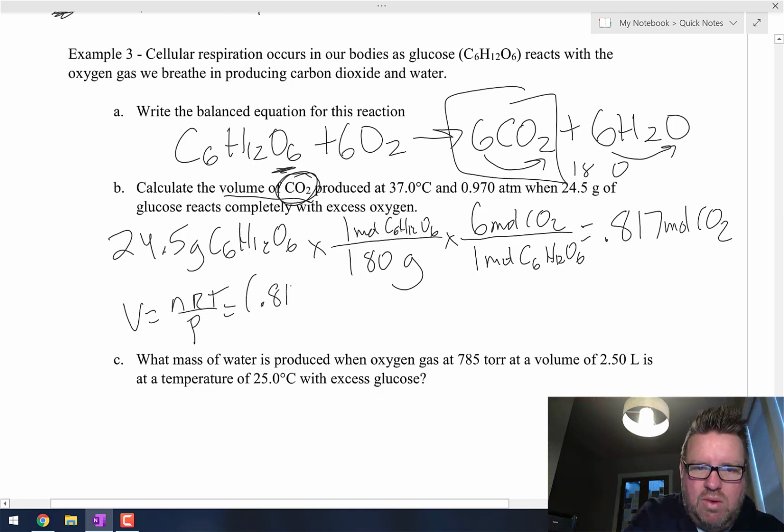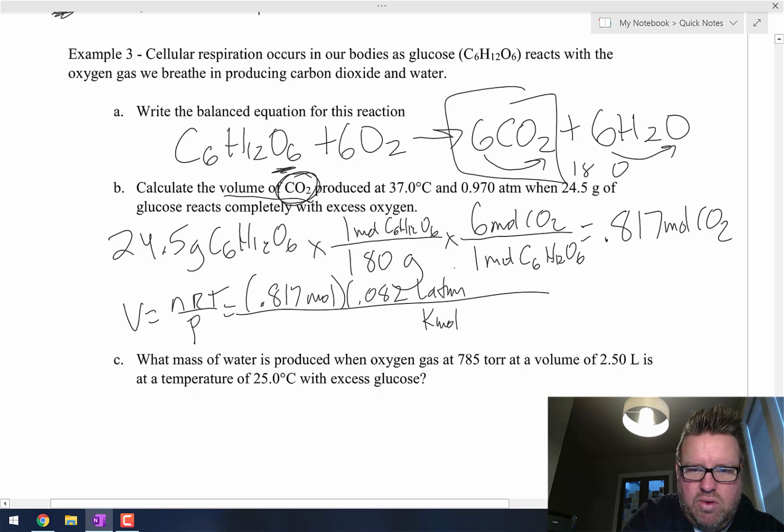So 0.817 moles, 0.082 liters atmospheres over Kelvin mole. The temperature, 37 plus 273 is 310 Kelvin. And 0.970 atmospheres. And again, moles cancel, atmospheres cancel, Kelvin cancel.